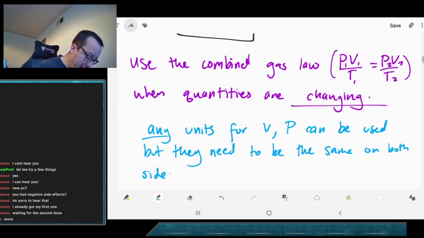So if I had given you that pressure as torr instead, you would get out your new pressure as torr, which is fine. It's a totally usable pressure unit.